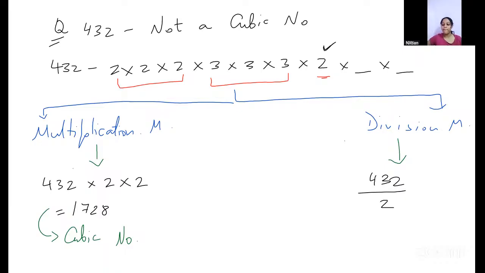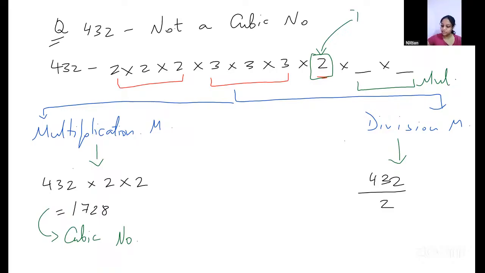Why 2? Because I have only 2 here. These remaining places we see in the multiplication method, and what we have, we divide it with that in the division method.